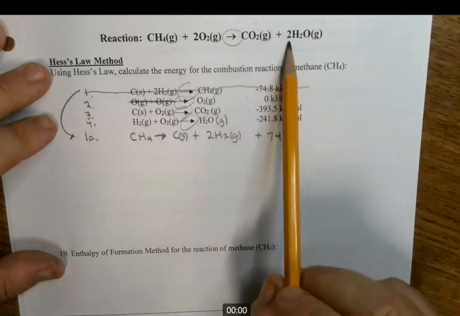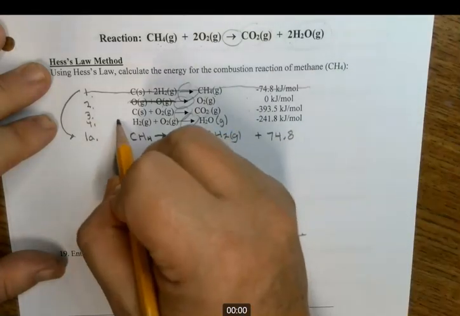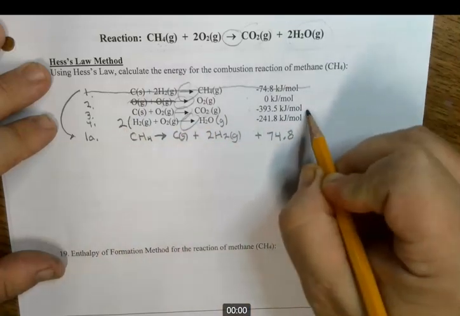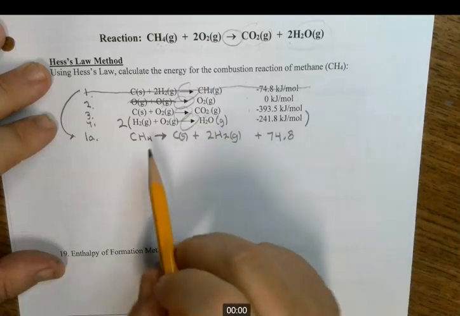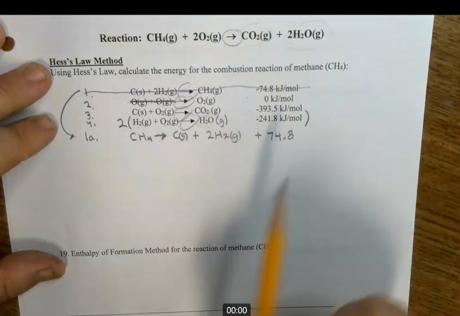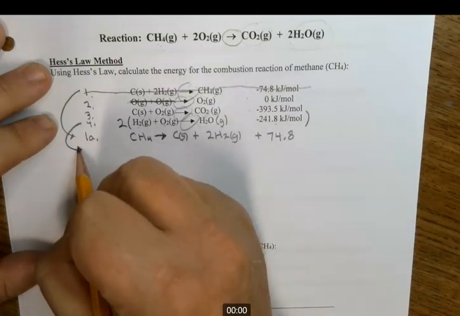But you can see there are 2 moles of water and only 1 here. So this is an equation where I'm just going to do something you're not supposed to do in math. I'm going to put 2 here, and I'm going to put a parenthesis around everything here. So the 2 is going to multiply to that, to that, to that, and to the enthalpy as well. So I'm going to come down here, and that's going to be my equation 4a.